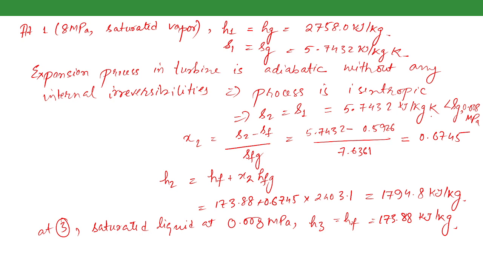the pump work. Pump is a flow process which increases the pressure from P3 to P4. So the work done will be the specific volume at state point 3 multiplied by the pressure difference.